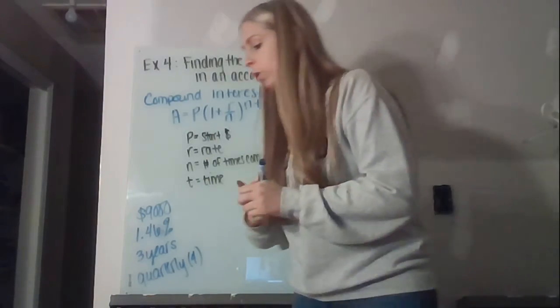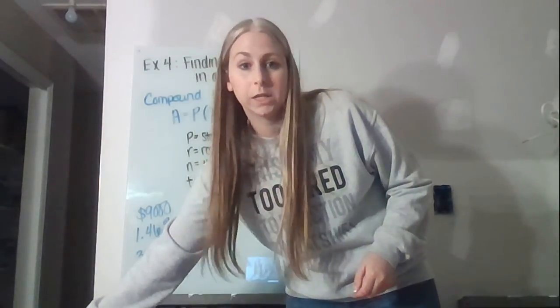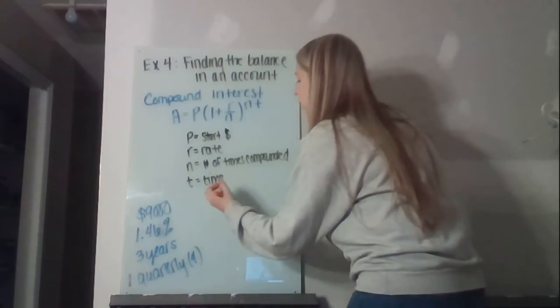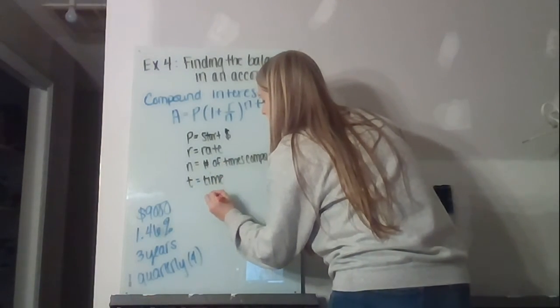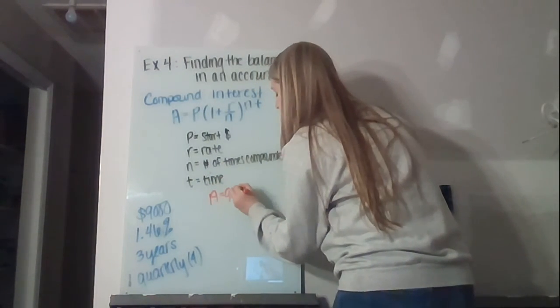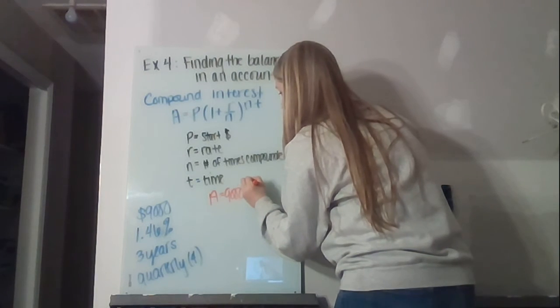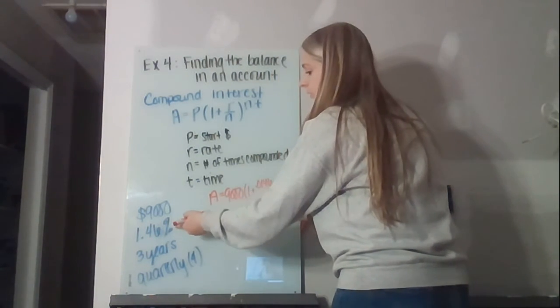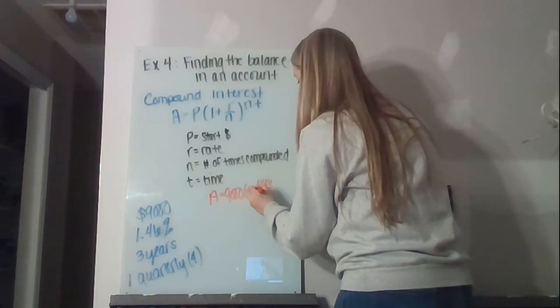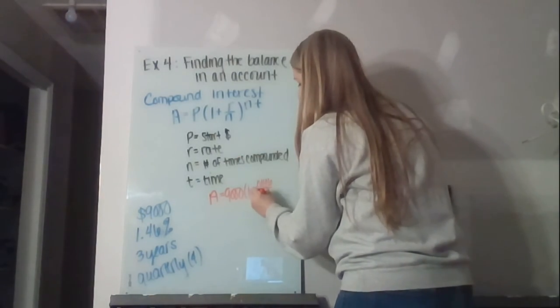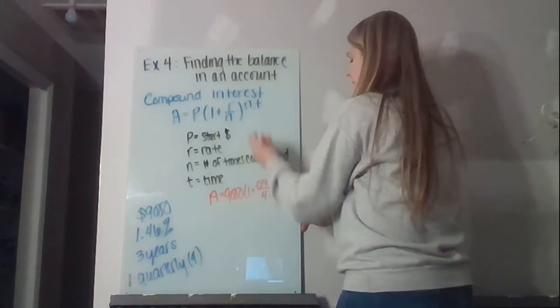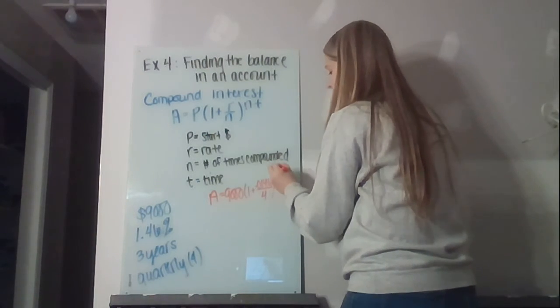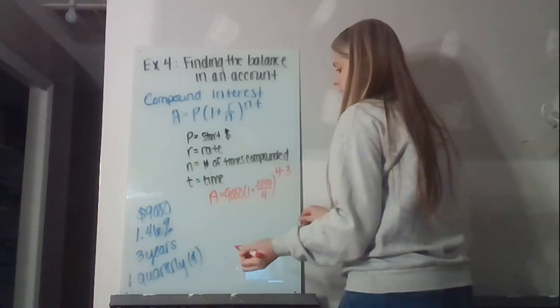So all I do is plug all that information into the equation and put it into the calculator. So A equals 9,000 times 1 plus 0.0146, because we have to convert that percent, over the number of times compounded, which is 4, to the 4 times 3 years.